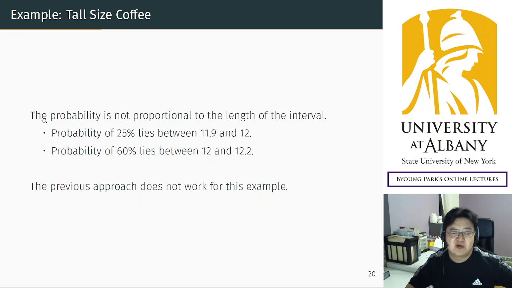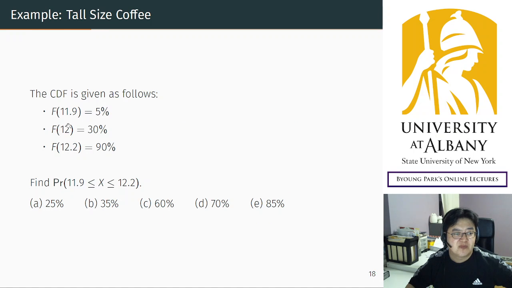So in our example, probability is not proportional. Think about this. The interval between 11.9 and 12 has 25%, and between 12 and 12.2 has 60%. But they are not proportional. The second interval is twice larger than the first interval, but its probability is more than twice the first probability, right?